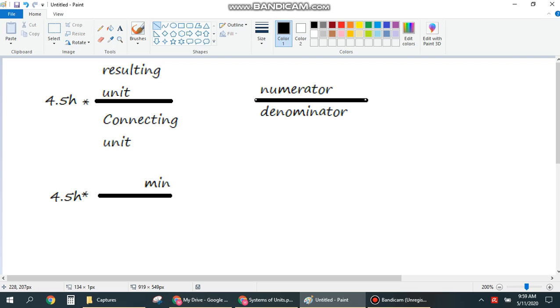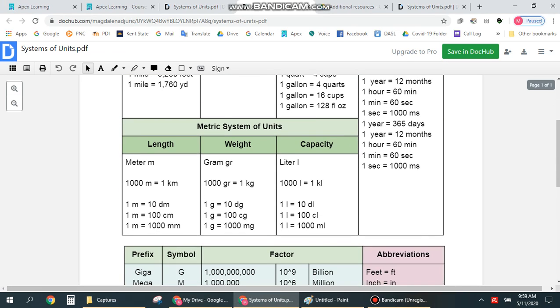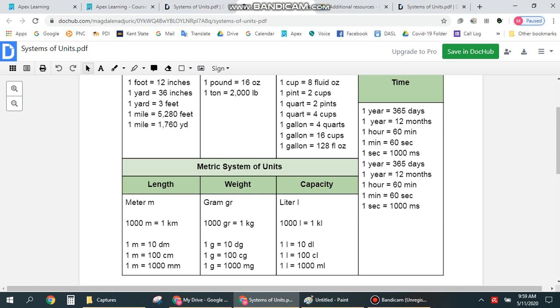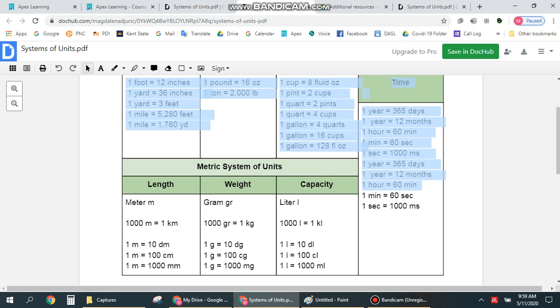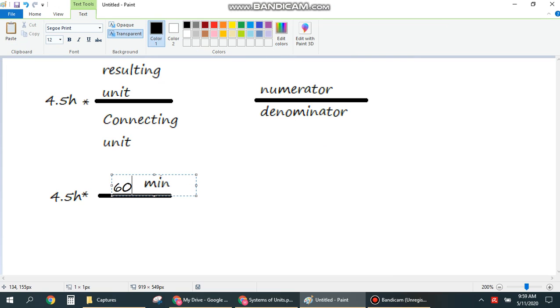Okay, so here we have minutes in the numerator because I'm converting to minutes, and I need to know the connection between minutes and hours because I have an hour here. This one is pretty easy, but I can look up this table for some different ones. So 1 hour is equal to 60 minutes. So I'm going to put 60 here. 60 minutes is the same as 1 hour.